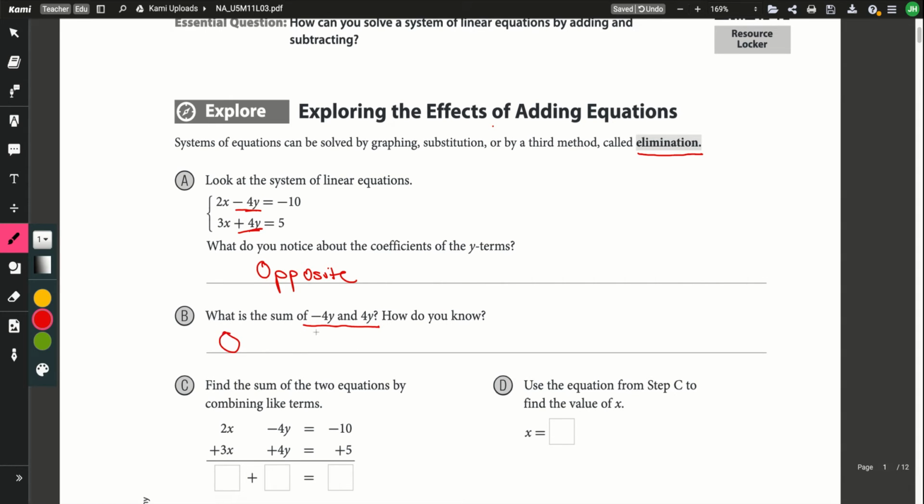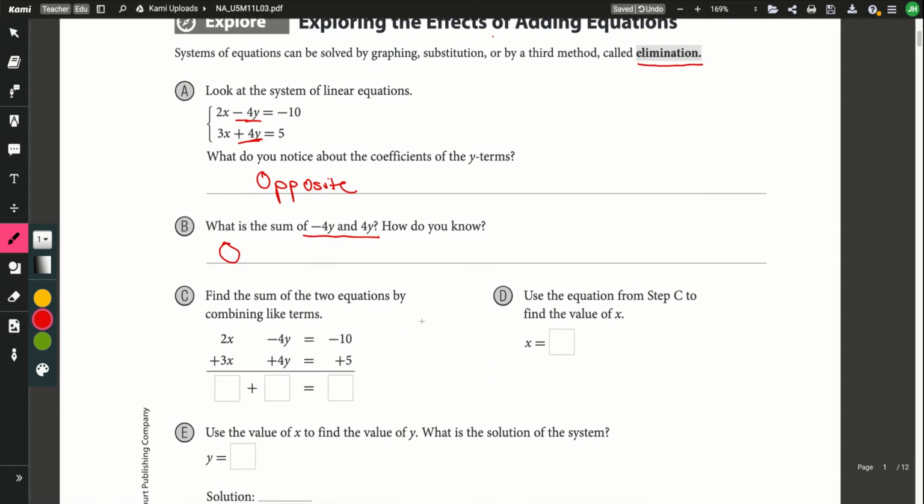You get 0, because it doesn't matter what y is. If you have negative 4 of them and positive 4 of them and you combine them, you end up with 0. So in the elimination method, you line up your equations and you will either add or subtract so that you can get rid of one of the variables.